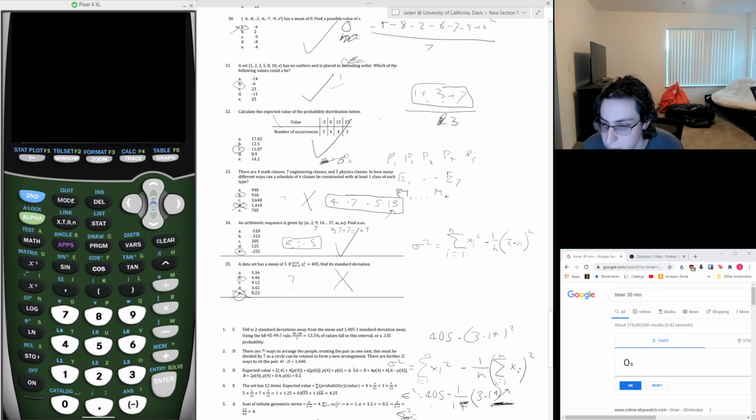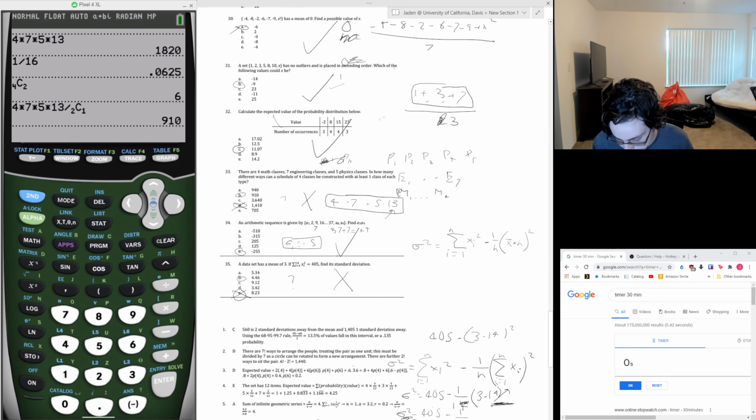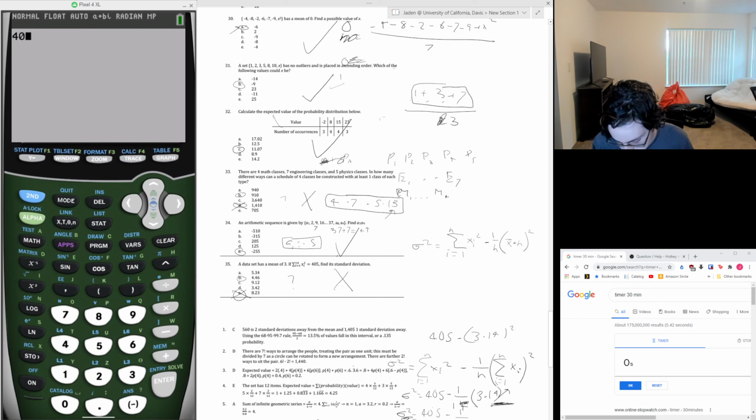That's the alternate formula. So we have 405 minus 1 over 14 times 14 times 3, because our mean is 3 and there are 14 data points, squared. And that gives us 279.